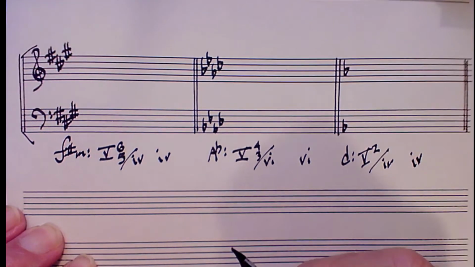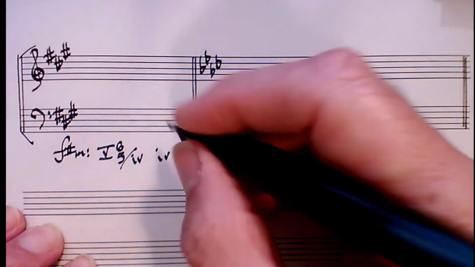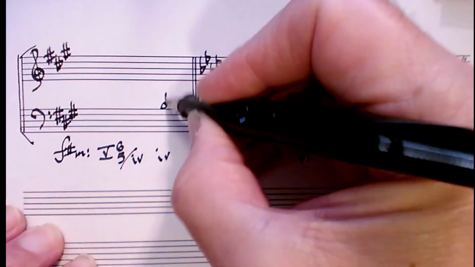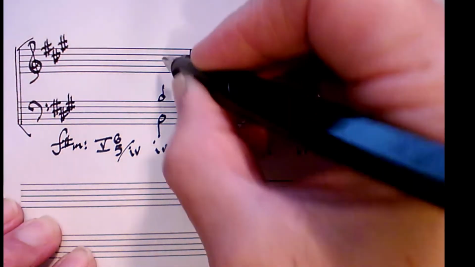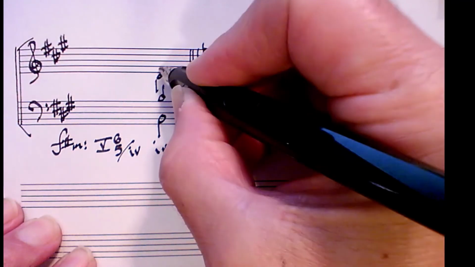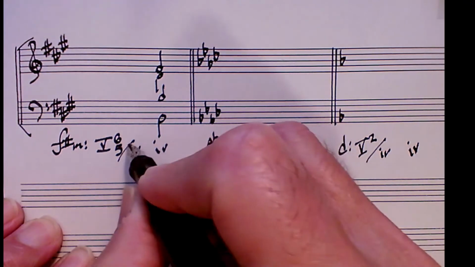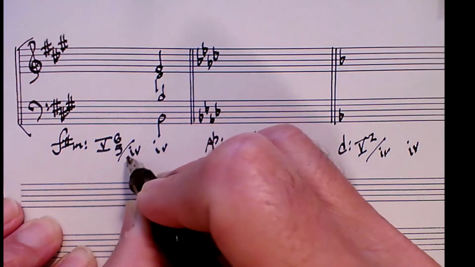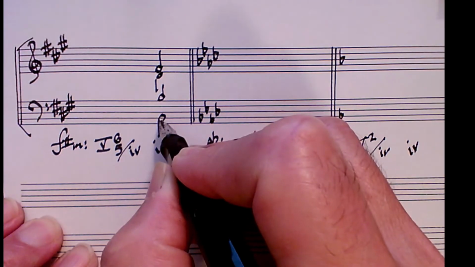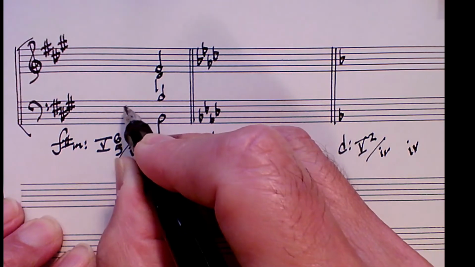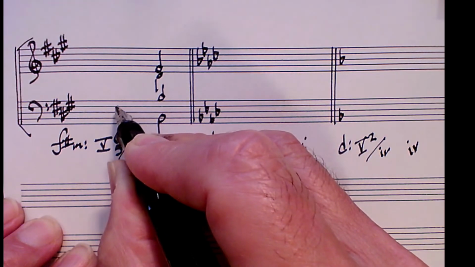So the first thing we're going to do here in the key of F sharp minor is we'll write the 4 chord. And that's B, D, F sharp. And then we'll figure out what the 5/7, or in this case the 6/5 of 4 is. Again, we just count up the interval of the 5th to get that root pitch, which is F sharp.